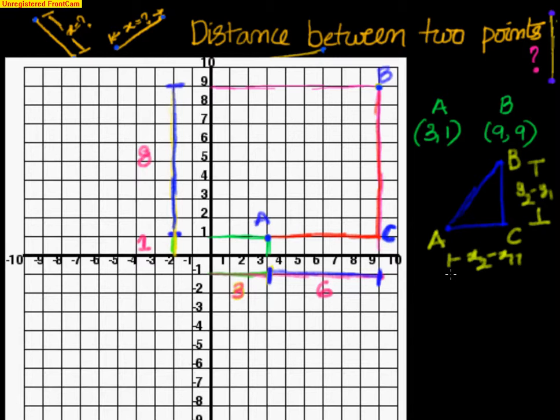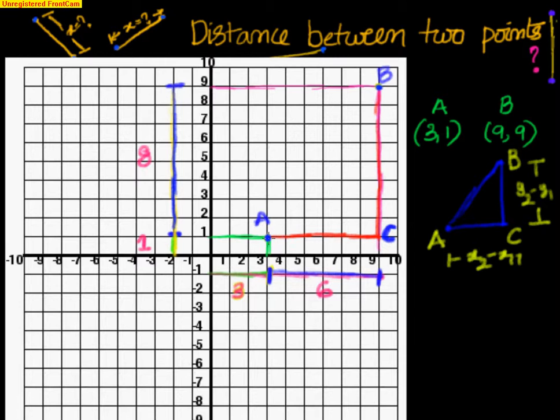Now we want to find out this, right? How do we want to proceed from here? One thing that strikes me is that the line AC is parallel to the x-axis, and similarly, the line BC is parallel to the y-axis. This is interesting. I have found the horizontal distance and the vertical distance, and these two lines seem to be perpendicular to each other.